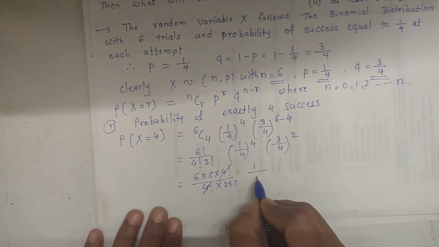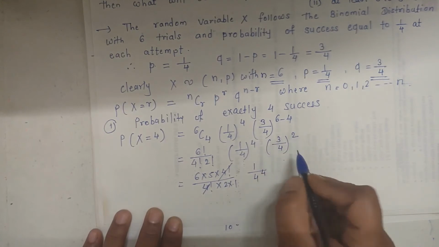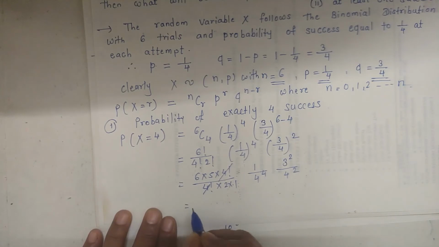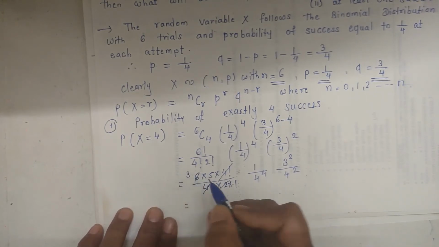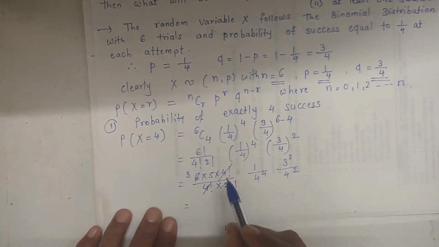Next, 1 by 4 raised to 4 into, separating the indices, 3 square upon 4 square, is equal to 6 into 5. By dividing 2 into 6, we get 3. 3 into 5 is 15, and 15 into 3 square, 9.